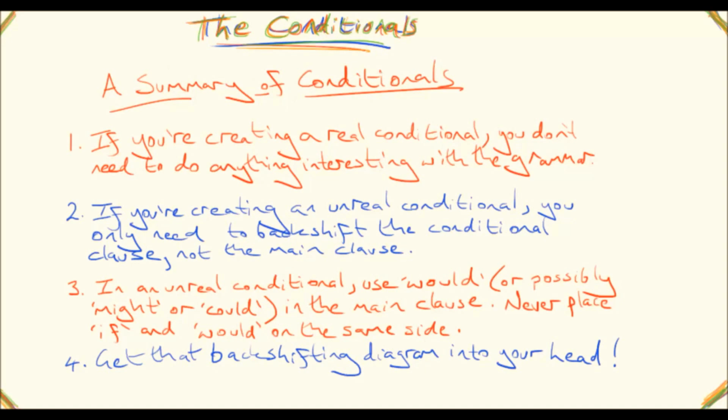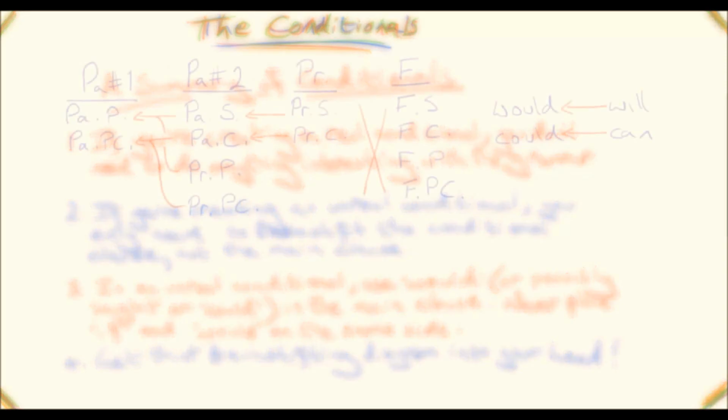So we're always dancing around these tenses. And so when we're talking about the past, or if we use past number one, we might not actually be talking about the past. I mean, that's a very strange thing to wrap your head around, but it's how native speakers work. And the more solidly you can get that backshifting diagram into your head and start dancing around the tenses, the better an English speaker you'll be.